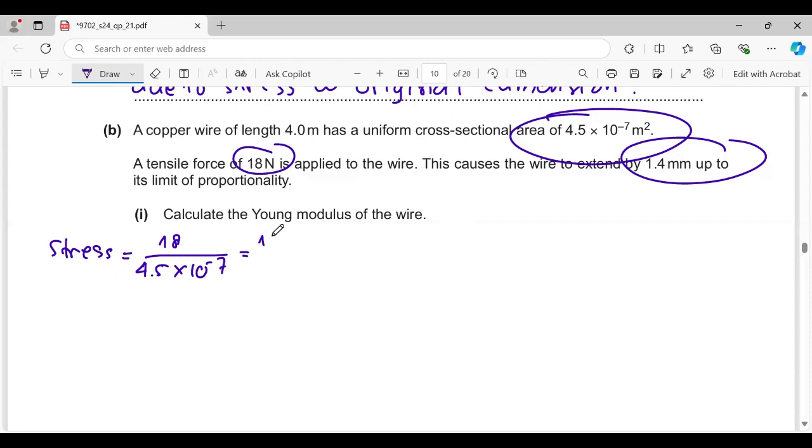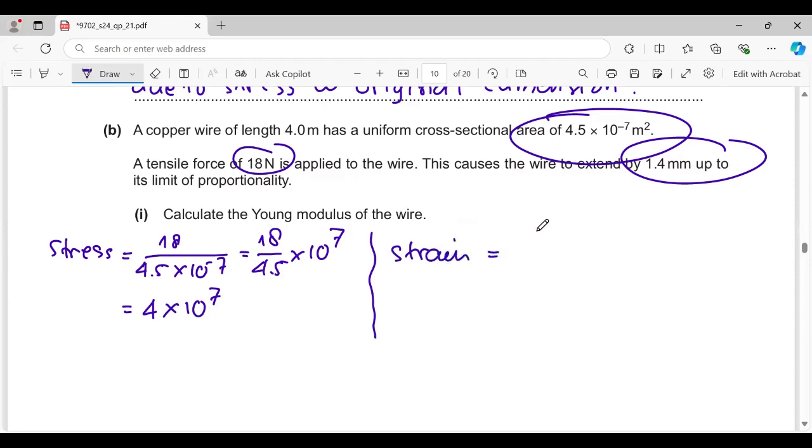And it is 18 over 4.5 times 10 power positive 7. Okay. If you calculate, the result will be 4.0 times 10 power 7. Next, strain.